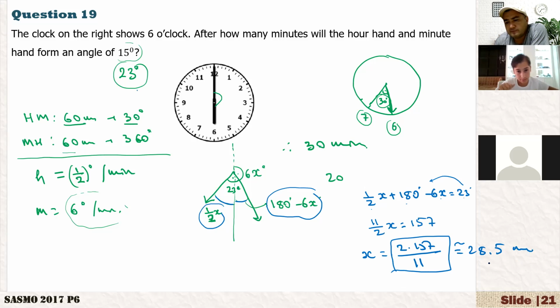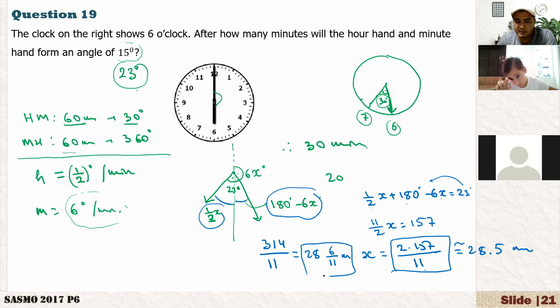28 minutes and 30 seconds. But if they ask exactly for this question, for example 23, the exact number is 2 times 157 over 11. That is 2 times 157, that's 314, so 314 over 11. 11 times 28 is equal to 308, so here we have 28 and 6 over 11 minutes exactly.